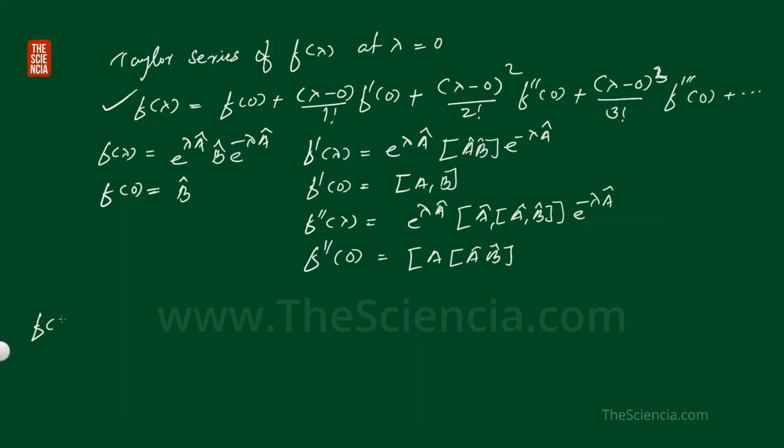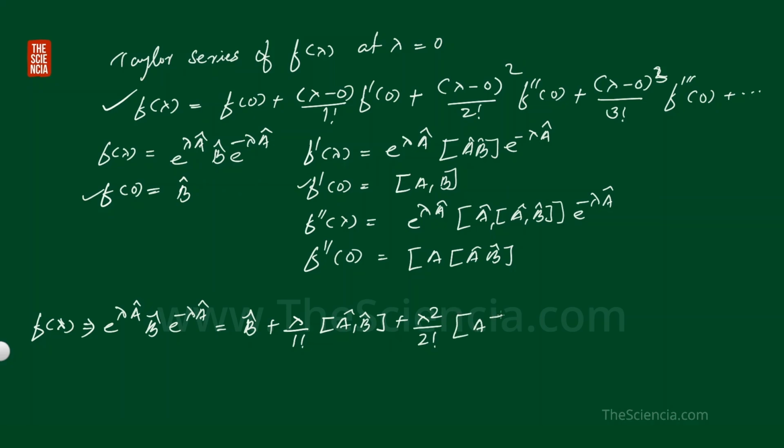So f of lambda, that is e raised to lambda a, b, e raised to minus lambda a, is equal to f of 0, that is b, plus lambda by 1 factorial into f dash of 0, which is commutator ab, plus lambda square by 2 factorial into f double dash of 0, that is commutator a, commutator ab.